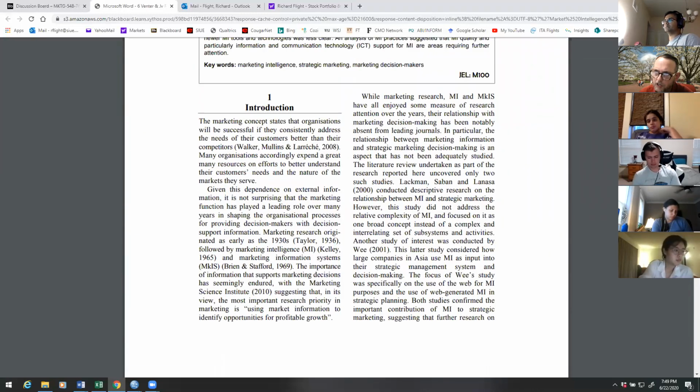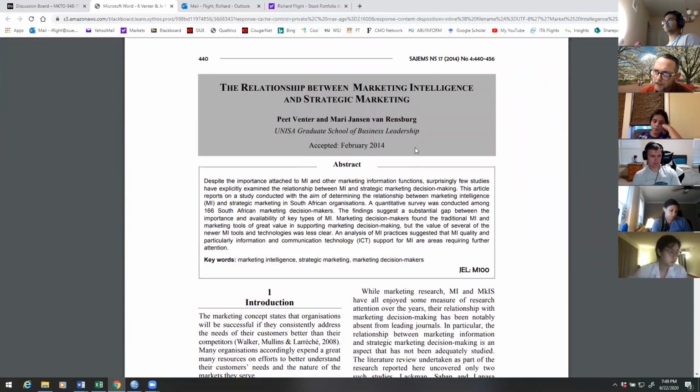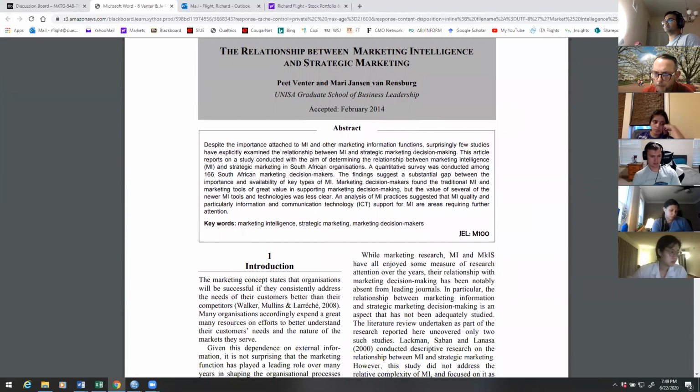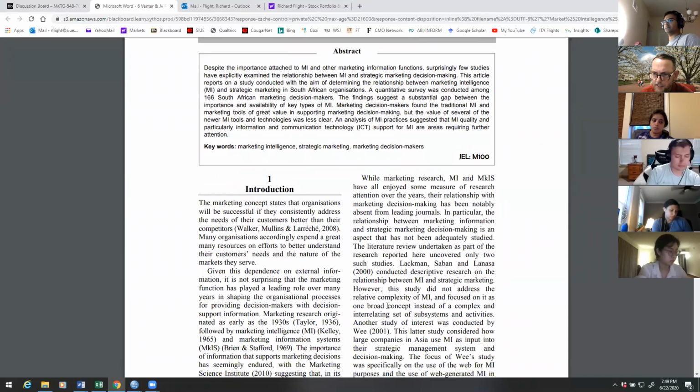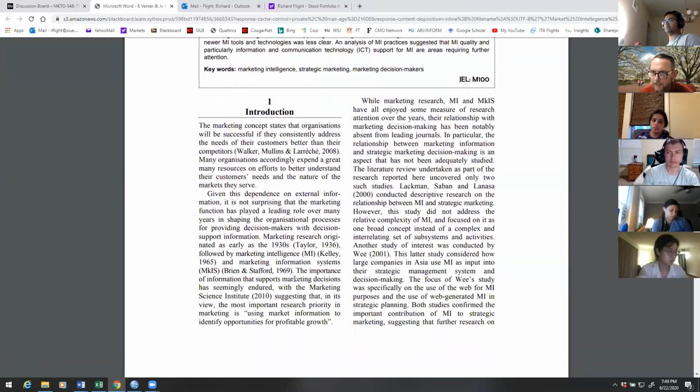So this particular article deals with using market intelligence, or information from the marketplace, and how they make decisions. Specifically, they're talking about market research and marketing intelligence systems, the importance of information that supports decision making, and so forth.